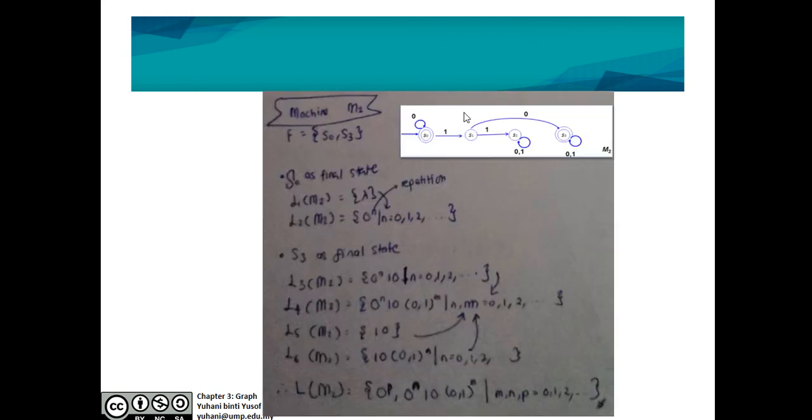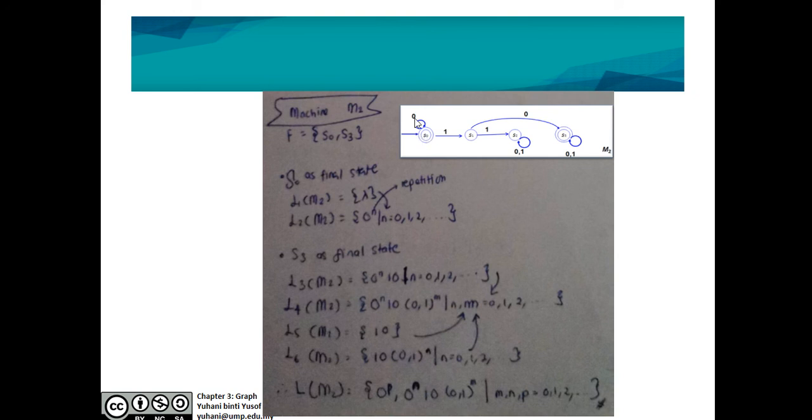But if you see in M2, the final states given are S0 and S3. So we need to focus on the language generated by this machine that ends on S0 and S3. For S0, it is the empty set.